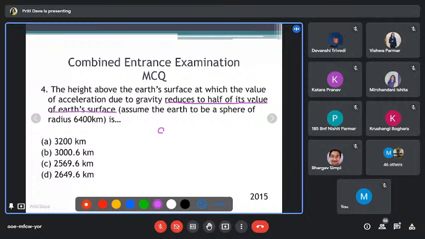So G dash is G by 2. So now I've given a big hint. Tell me the answer. I am not giving you the answer. Chalo. Take some time and tell me the answer.